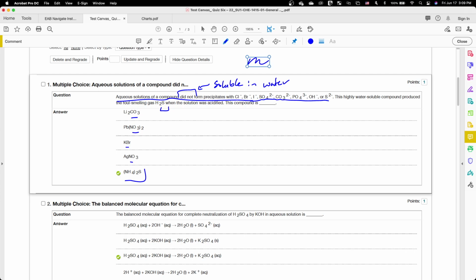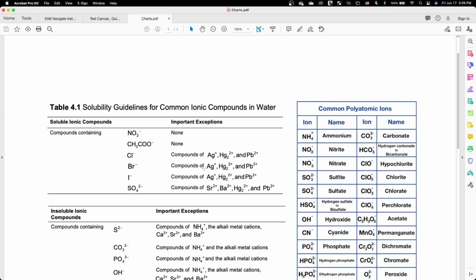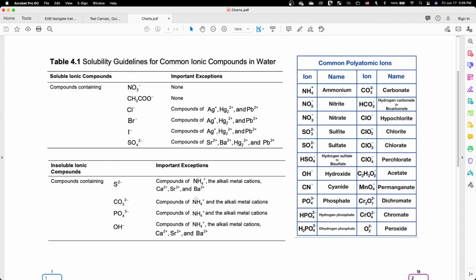But the legit way of doing this, the real way, is to go to your chart, right? For this one, we're looking at our chart right here. You can see the sulfide ion, S2 minus, is in the insoluble chart, but its exception is ammonium, NH4.